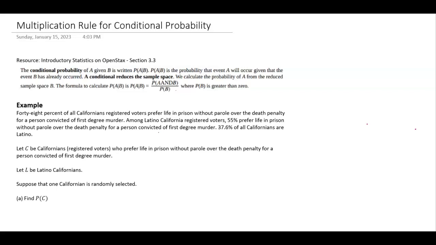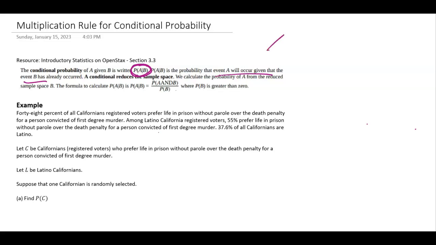Right, this video is going to solidify some things a little bit deeper about the multiplication rule and conditional probability. From the previous video, I copied over the definition of conditional probability. When we write this notation right here, that means the probability that A will occur given that B has already happened.